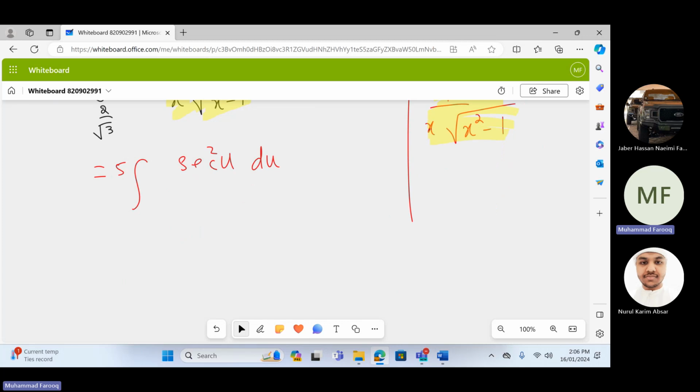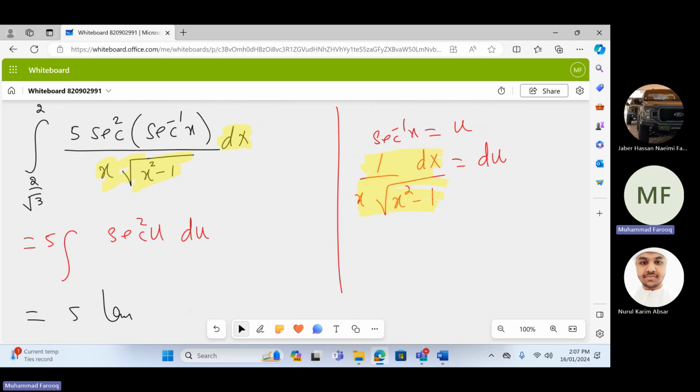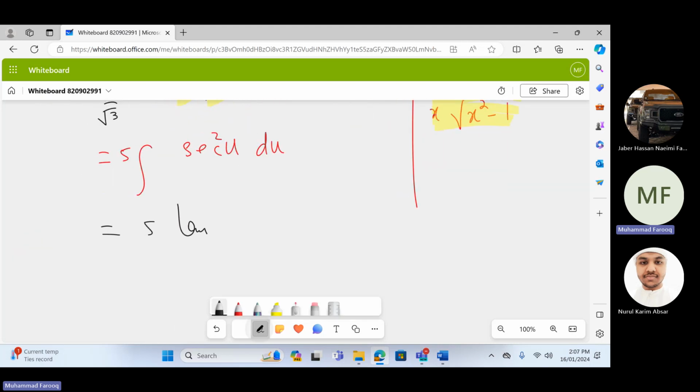What is the integration of secant square? We have now 5 and tangent u. My u is secant inverse x, and we have limit from 2 over square root 3 until 2. Okay.